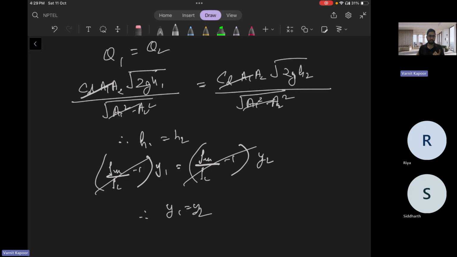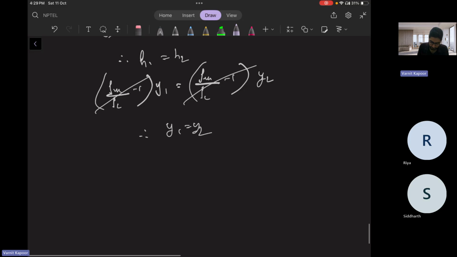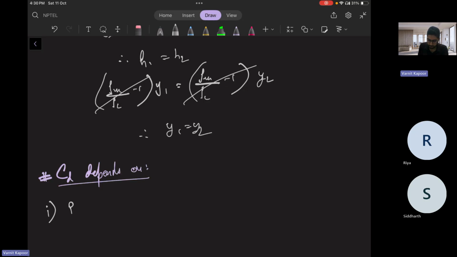Also, the coefficient of discharge CD depends on three different things. Let me write here. CD depends on, first, Reynolds number: if it increases, that means your discharge coefficient will also increase.